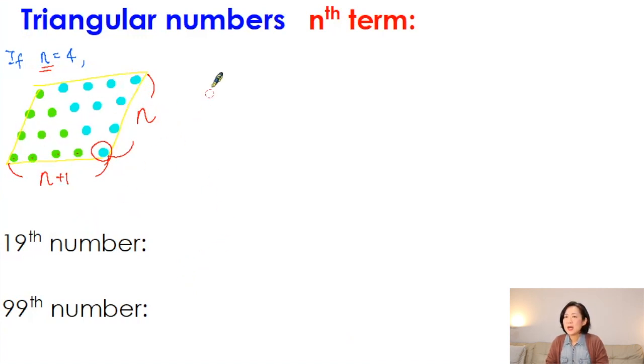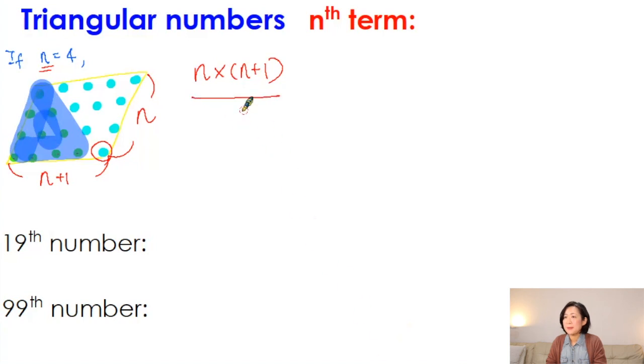So let's calculate the area of the parallelogram. That is always base times height: n times n plus 1. But remember, we are not looking for the parallelogram. We need to focus on our triangle. This is our nth term. How many circles are inside the triangle? So we need to focus on the area of a triangle. How can you find the area of a triangle?